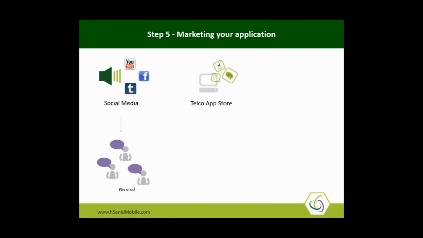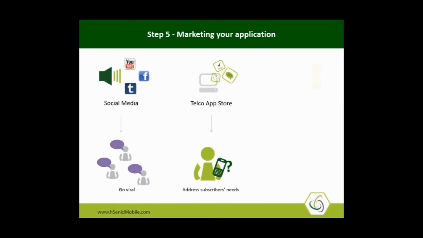And people can search for your application using the Telco App Store and start using your application. So now you're not limited to the social media marketing that you have done. Other users who do not even know about your application can start using it by coming into the Telco App Store.